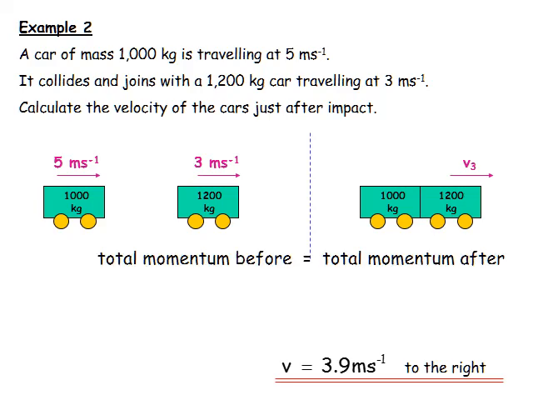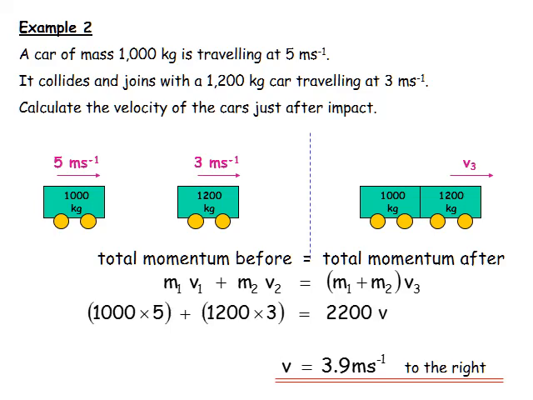Total momentum before is equal to total momentum after. m1 v1 plus m2 v2, that's the momentum before, is the total mass m1 plus m2 times v3. Substituting our numbers, 1000 times 5 plus 1200 times 3 equals 2200 times v.